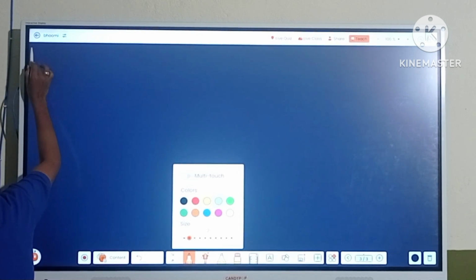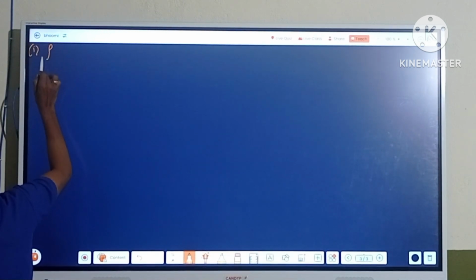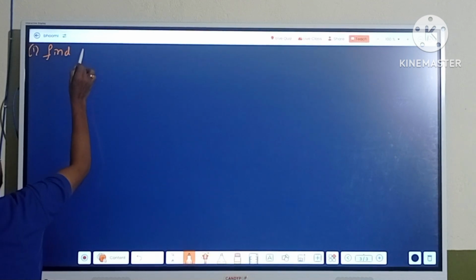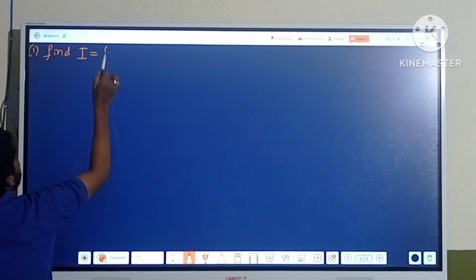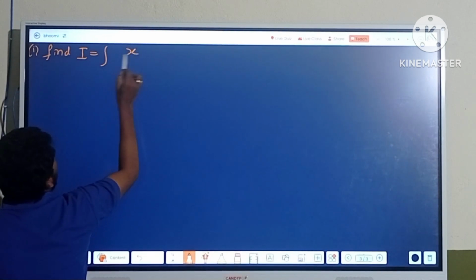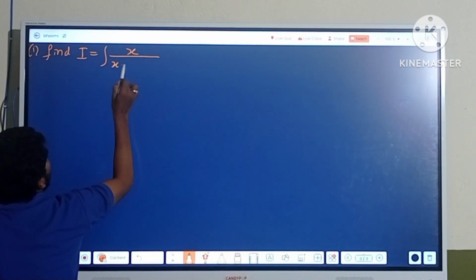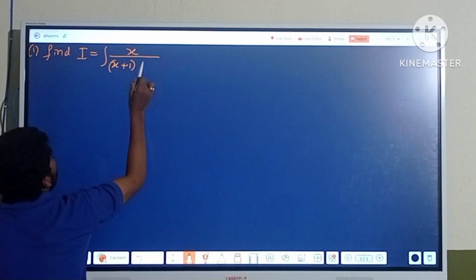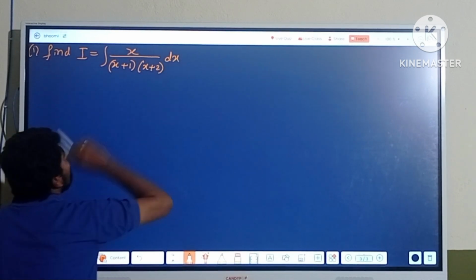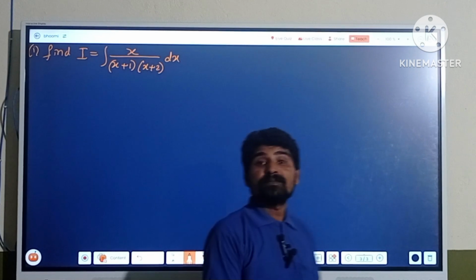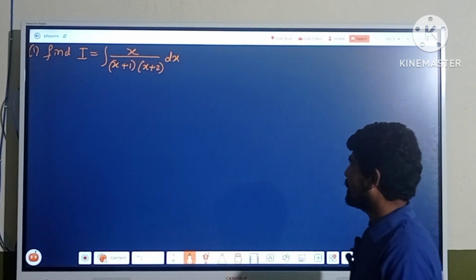So let us consider the first example. Find or evaluate the integration of, let us consider I, integration of x divided by (x plus 1) into (x plus 2) with respect to x. Now we need to identify this integral value.